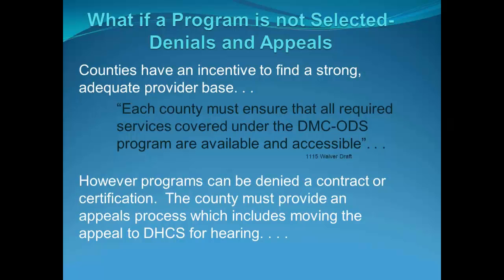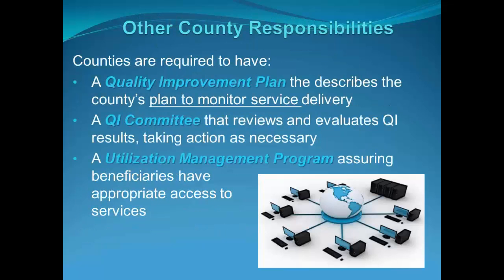And within that appeal process is the ability for them to go all the way up to DHCS and have a hearing. So this appeals process needs to be in your policies and procedures.